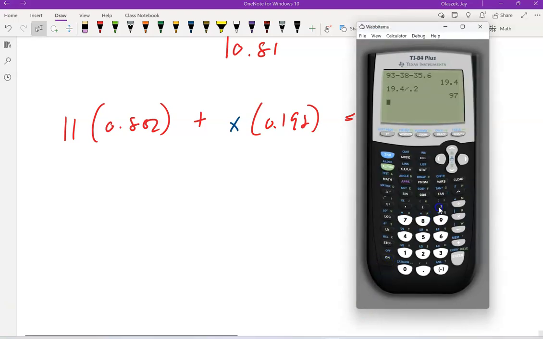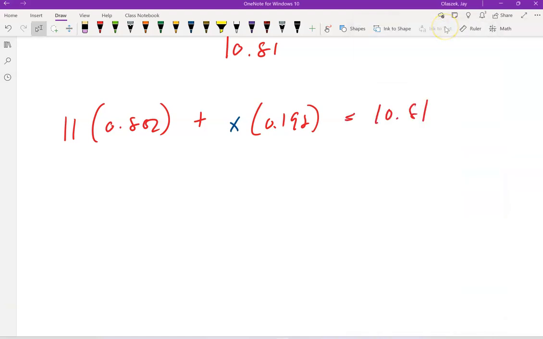Let's take our calculator and clear this. We're going to say 11 times 0.802. This is 8.822. So 8.822 plus x times 0.198 equals 10.81.